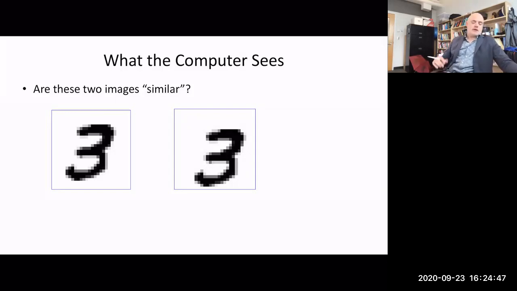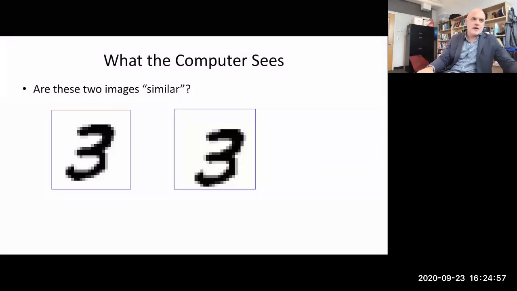So the question is, are these two images similar, right? For the people who already know that this is MNIST, great, the answer is probably fairly obvious. But a large number of you will not necessarily have thought about this before.